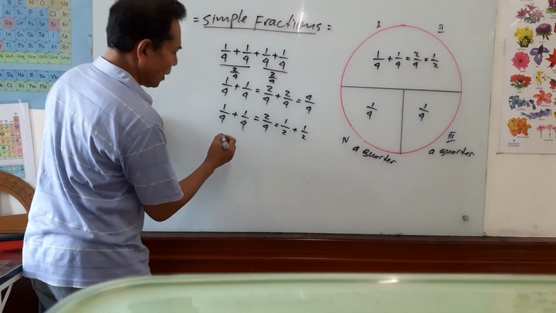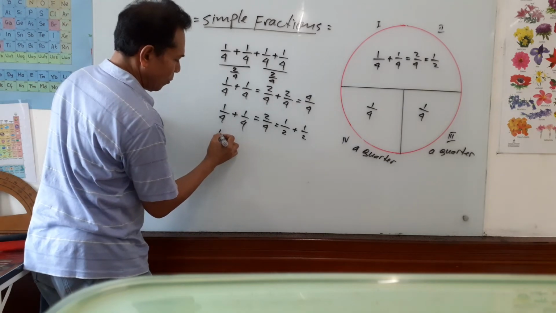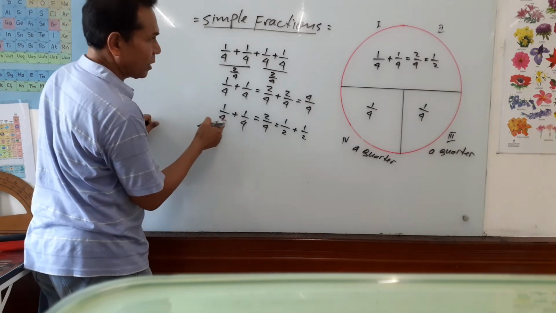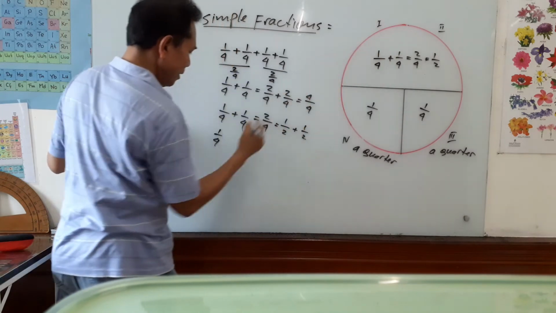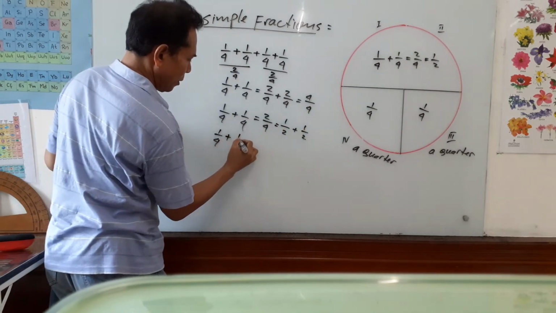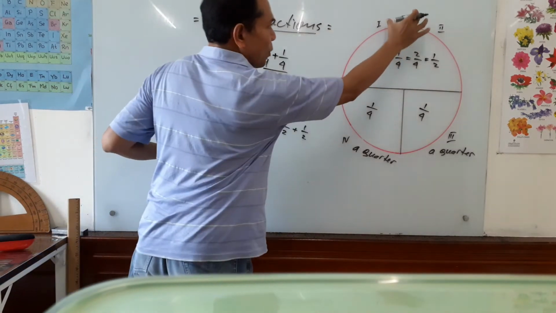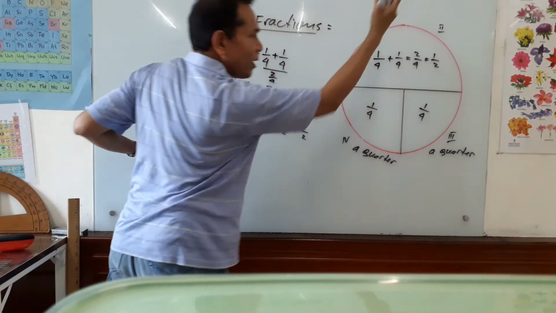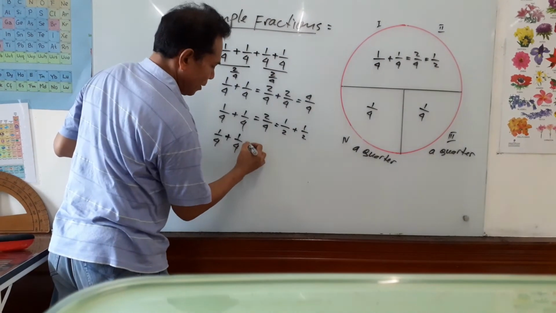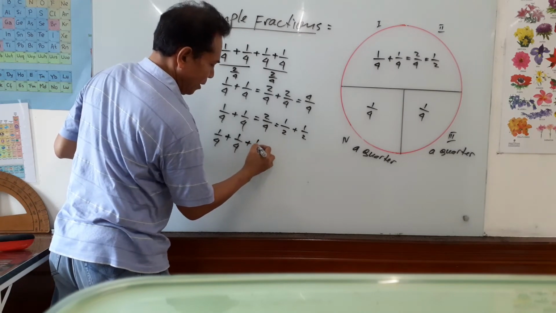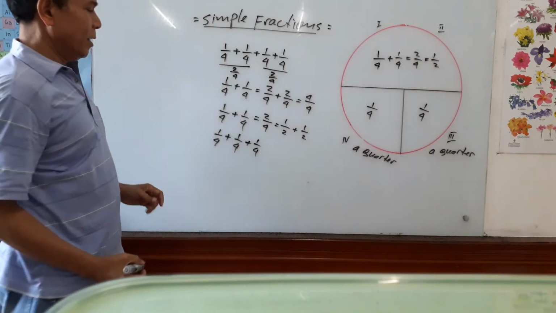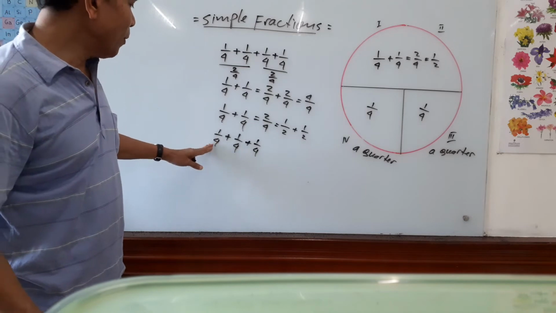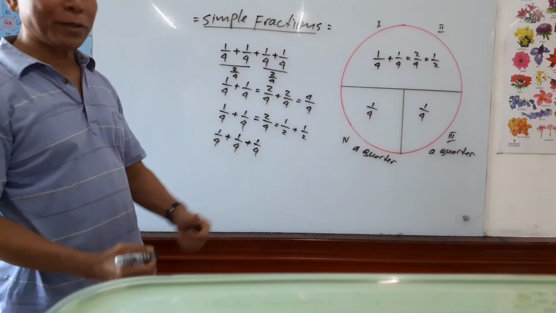So now we put together here 1/4, this one here, plus 1/4, because these two here, two pieces, so 1/4, 1/4, and then this one joins them. So we put his part here. So 1/4 plus 1/4 plus 1/4.